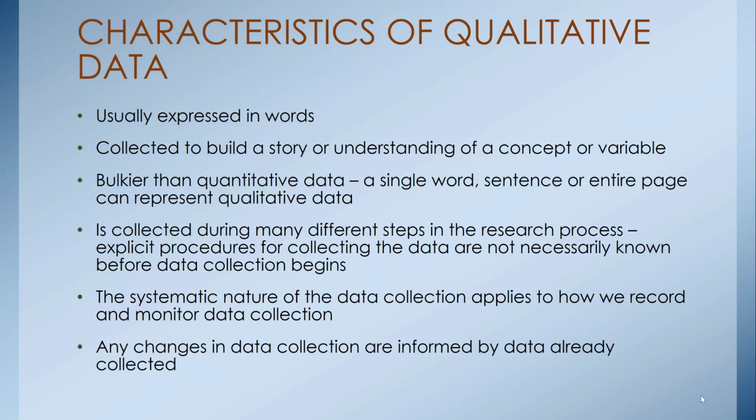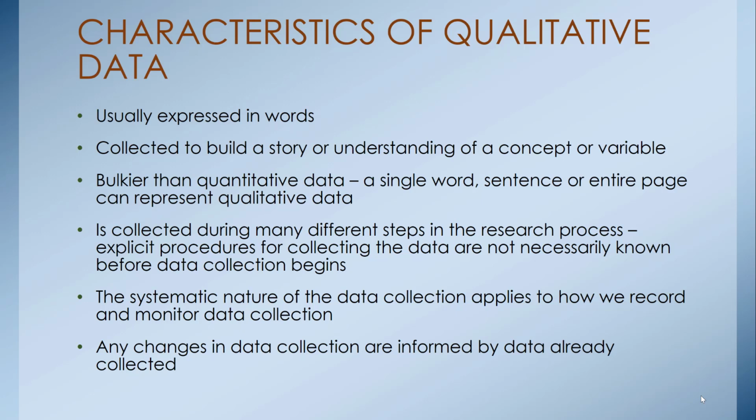Qualitative data is collected during many different steps in the research process, as opposed to quantitative data where those steps are clearly defined prior to the data collection beginning. The explicit procedures for collecting the data may not really be known before the data collection begins. Again, this is very different from a quantitative perspective. And the systematic nature of data collection is what we talk about when we talk about how we're going to record and monitor the data collection.